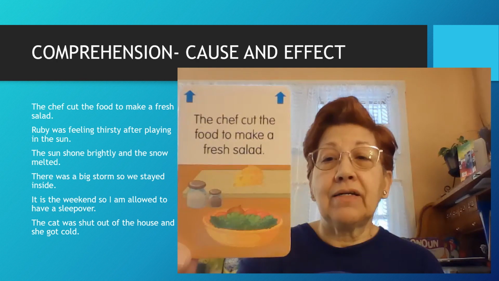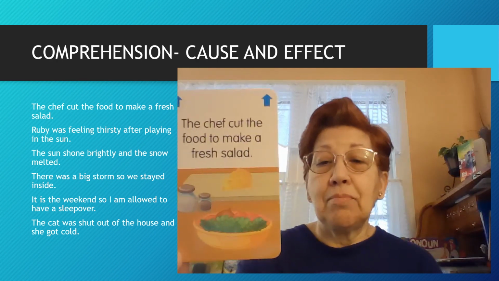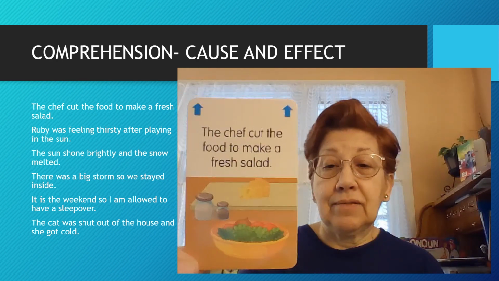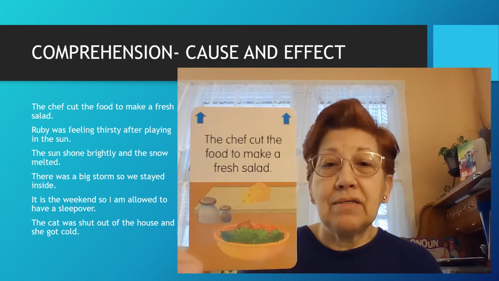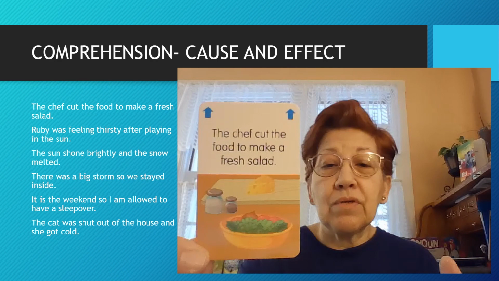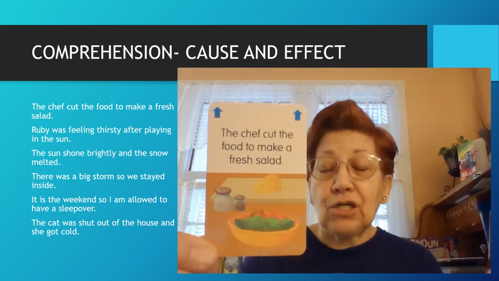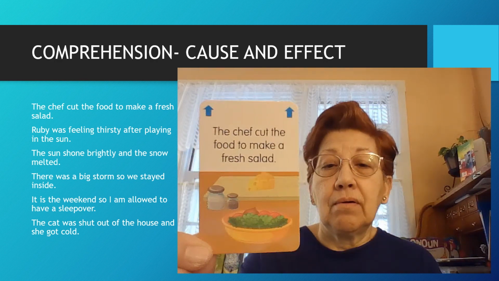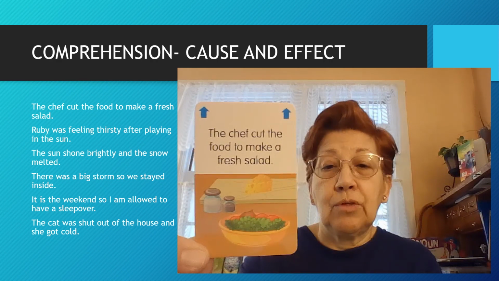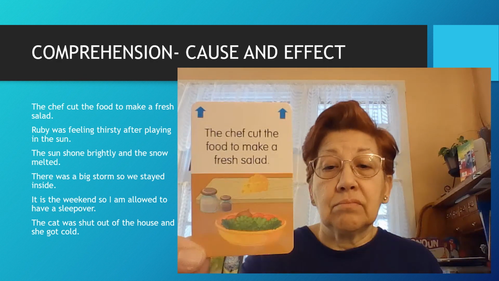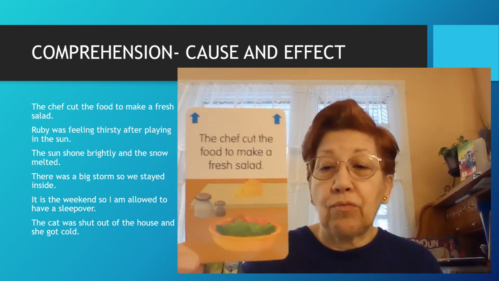And then the effect would be he made the salad, right? So that's what we mean by cause and effect. Something happened. There's some action happened to make something else, to produce something of some sort, of whatever it is.